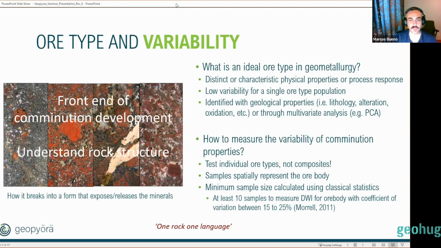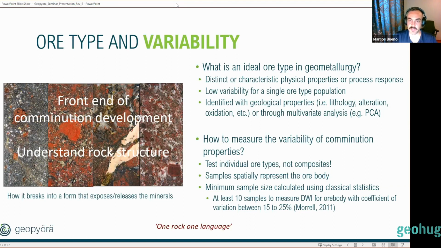And then I would like to talk a little bit about what an ore type is. Variability in terms of comminution is largely led by the texture, which is basically how the different minerals associate with each other in a rock structure. And then we need to understand how these different textures behave in terms of comminution.